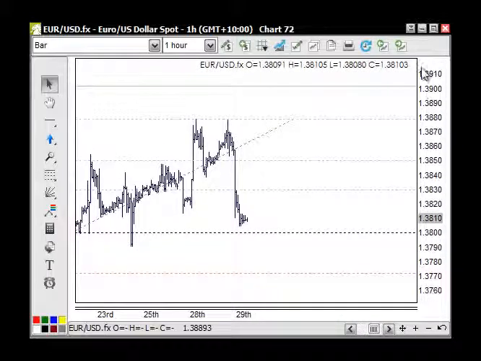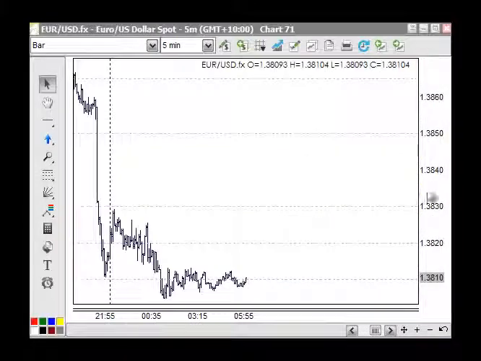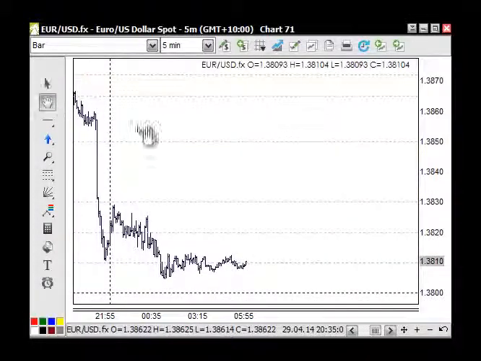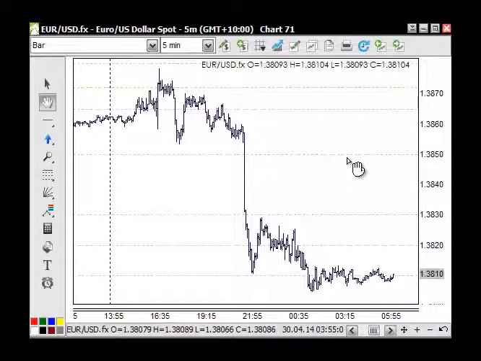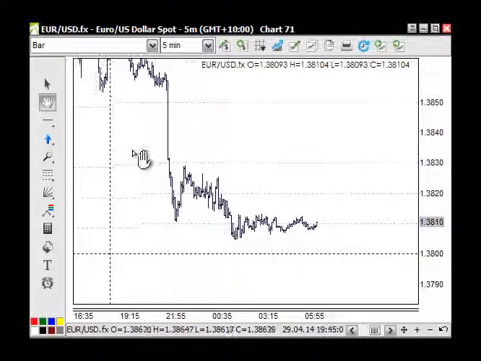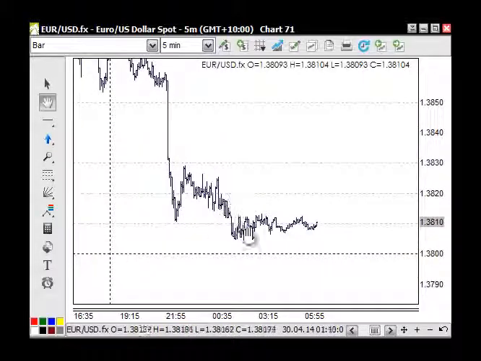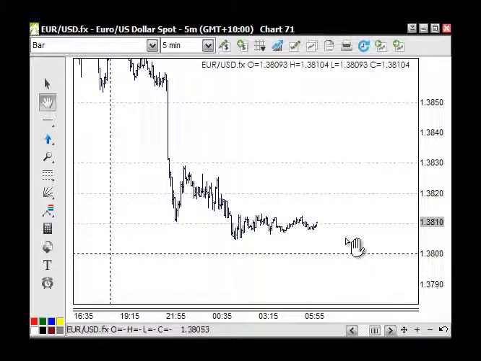I'll just try and get in there and have a little bit of a look. But this would be the three-wave structure, the mirror image of the US dollar. So here we've got... That could be the bounce here, actually.